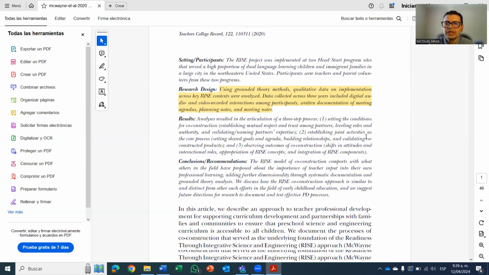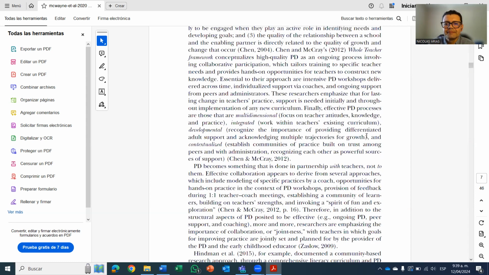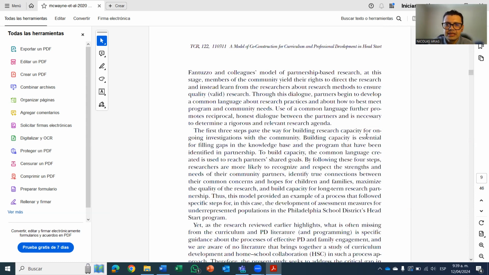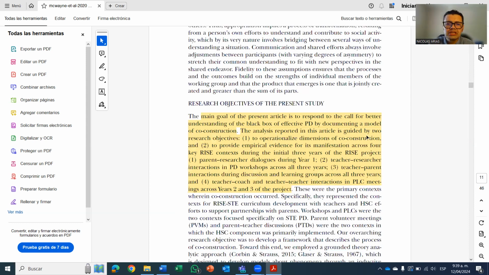They will show what they are referring to with that. Advancing in the article, it's very detailed on the process. They say, for example, from the research objectives, that the main goal of the present article is to respond to the call for a better understanding of the black box of effective PD by documenting a model of co-construction.